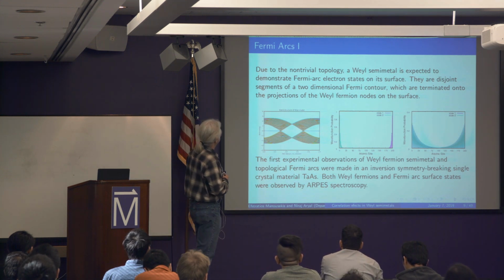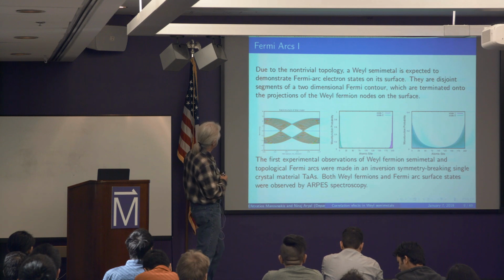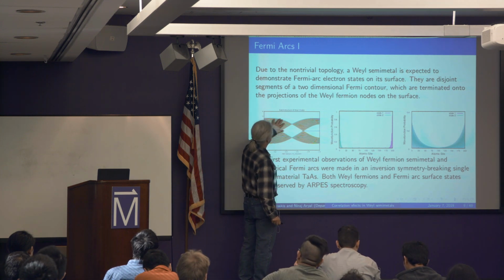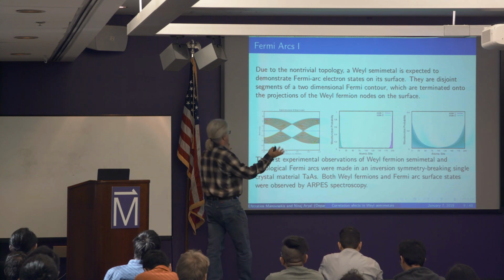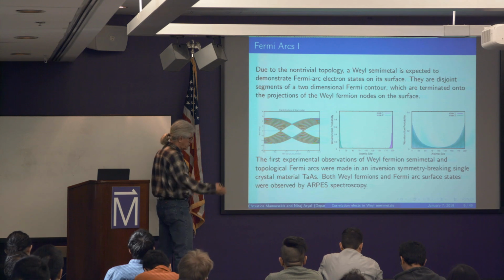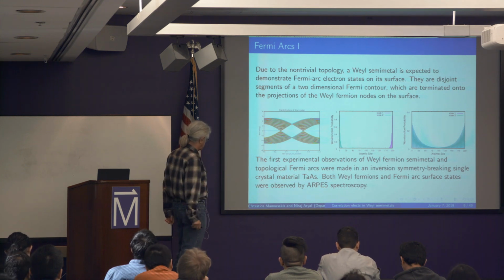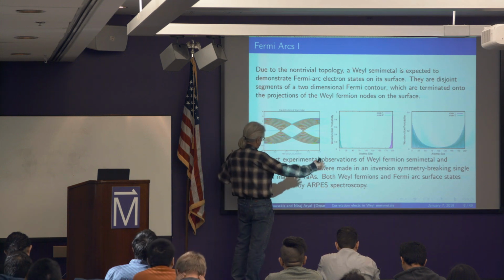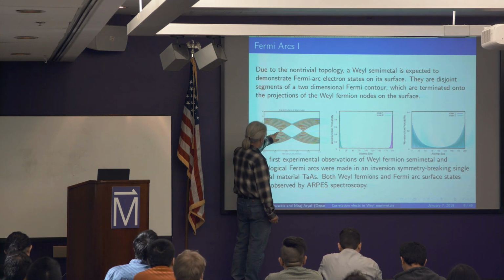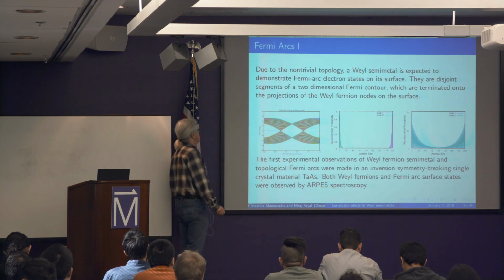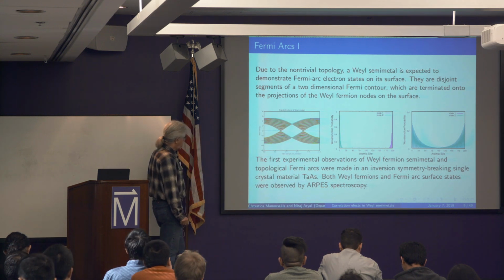So these disjoint segments start from the Weyl point. This is a piece that you have cut in one particular direction, and you have the other directions being periodic. And as a result, on the surface of that fragmented slab, you end up getting a state. In this case, it's dispersionless for this model. It doesn't have to be dispersionless.